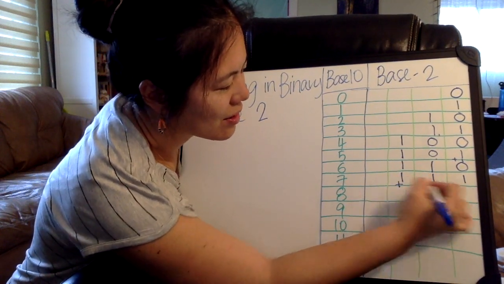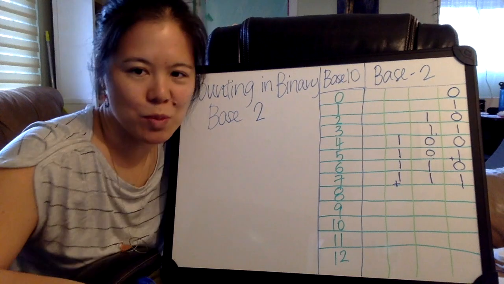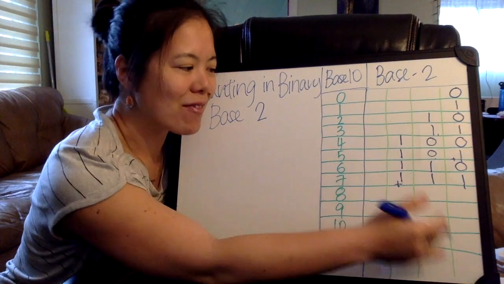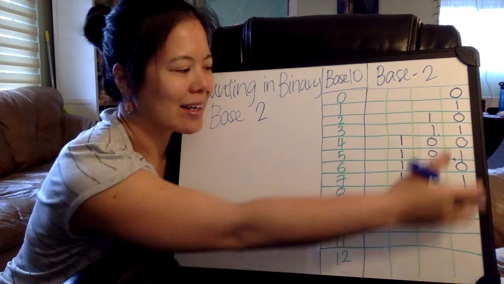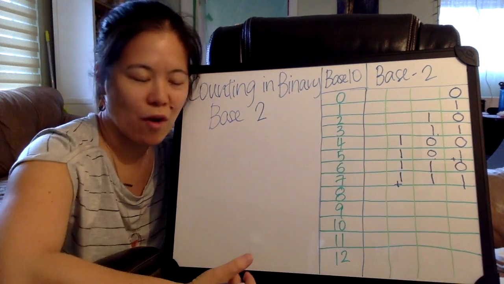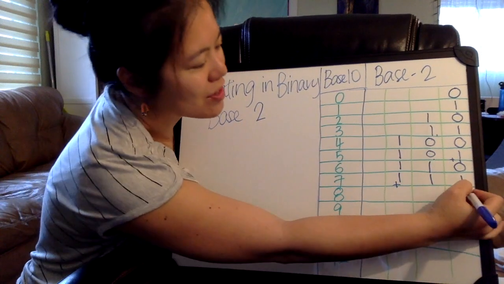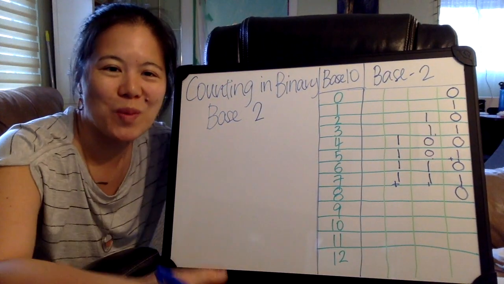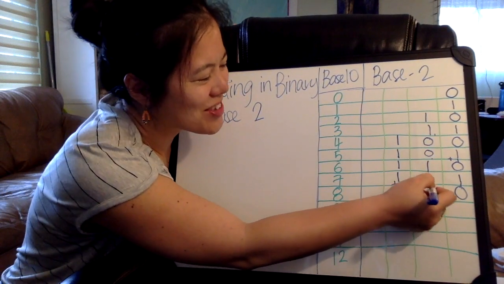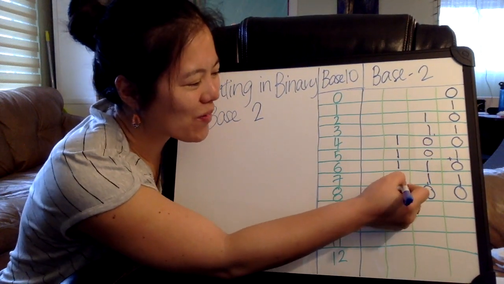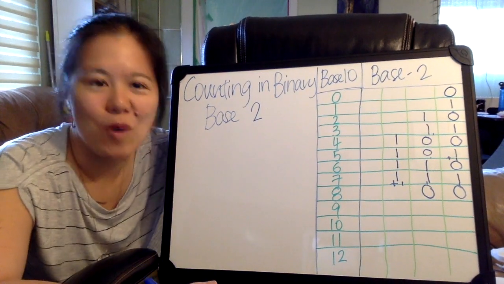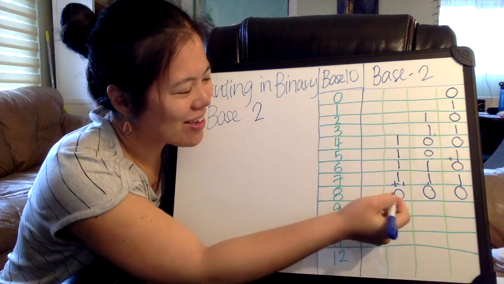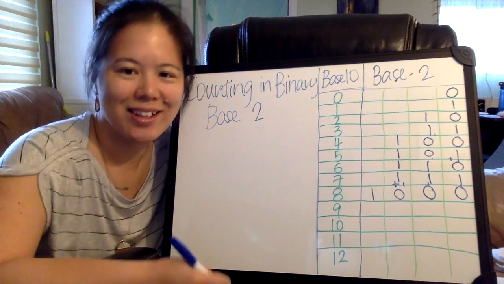So 1 plus 1, 2. Once again, whenever you reach 2, you can't keep it in the first column, so you move over 1 to the left. So bring down 0, carry over 1, 1 plus 1, 2 again, so bring down 0, carry 1 over, wait, 1 plus 1, 2 again, so you bring 0 down and carry over 1, right?